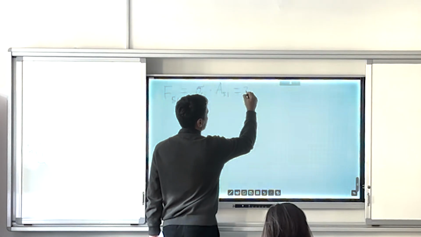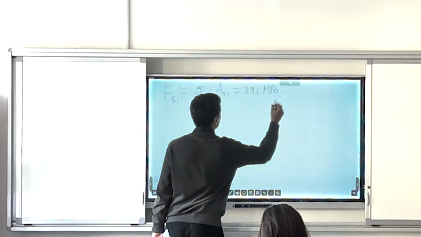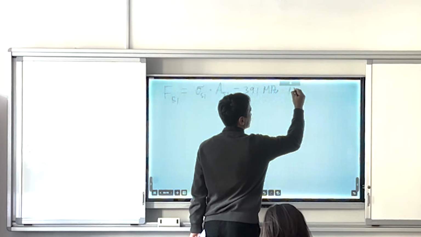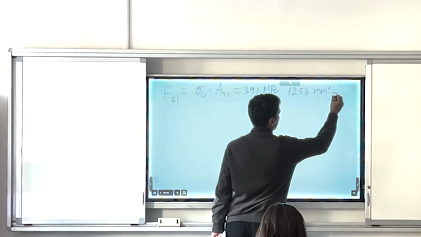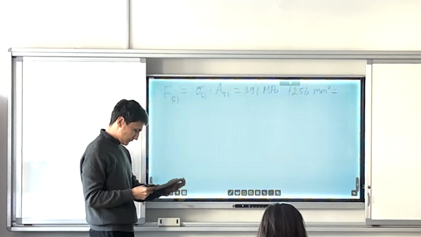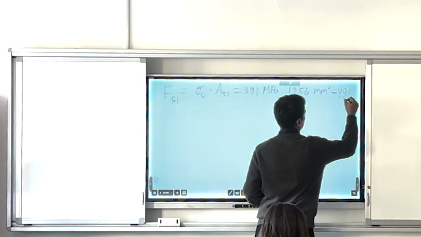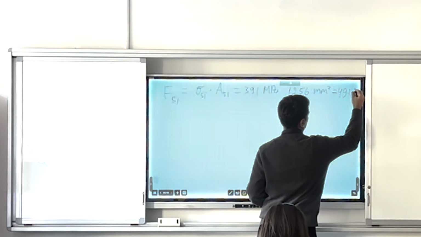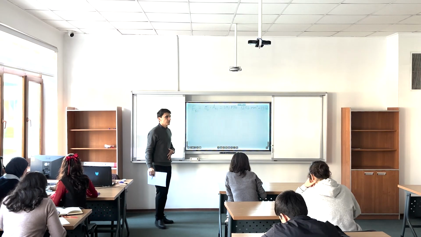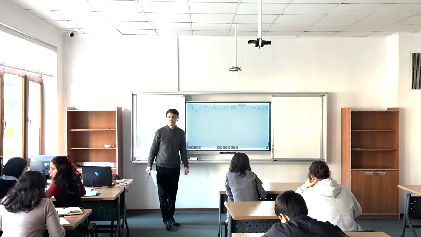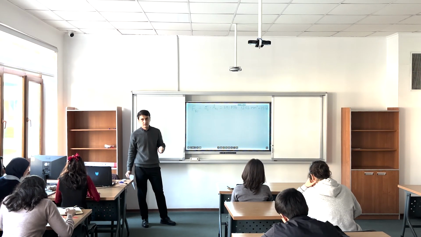So we have 391 megapascals multiplied by AS1, which is 266 millimeters squared. So force in the bottom rebar we have 441 kilonewtons. Is it clear? We derive it from the concept that bottom rebar is being yielded.